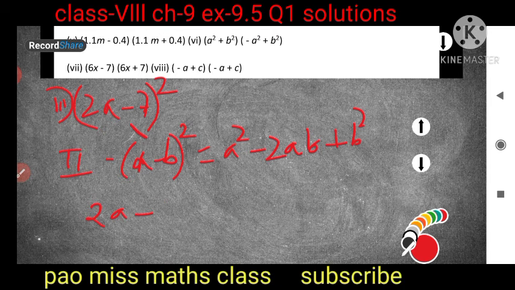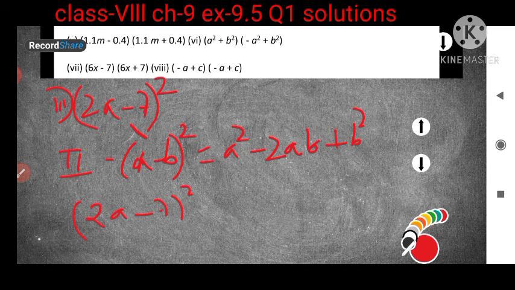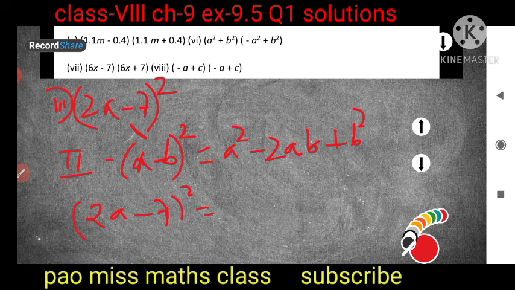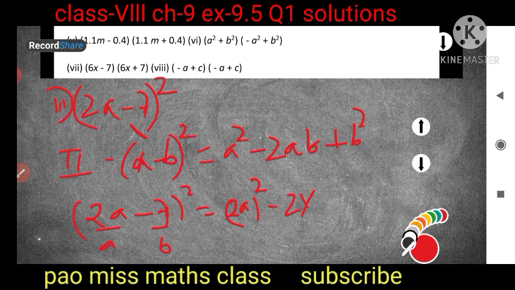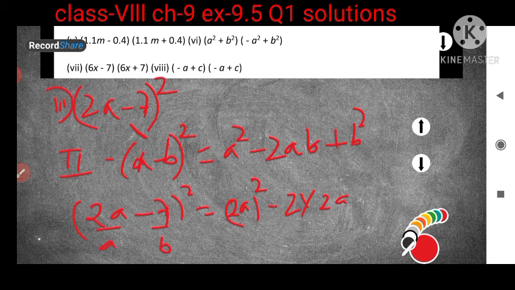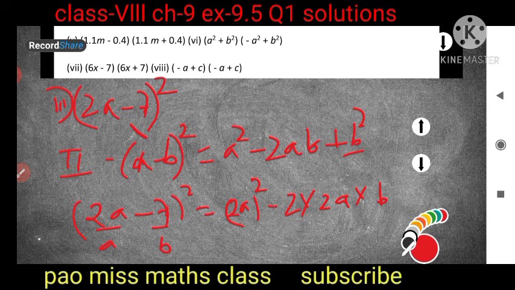So 2a minus 7 whole square will be equal to 2a whole square minus 2 into a into b. What is a? The value of a is 2a, and b is b itself, isn't it? And plus b square.